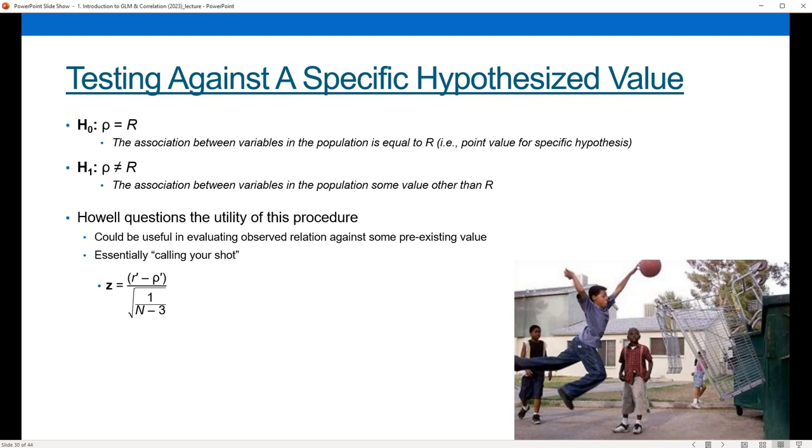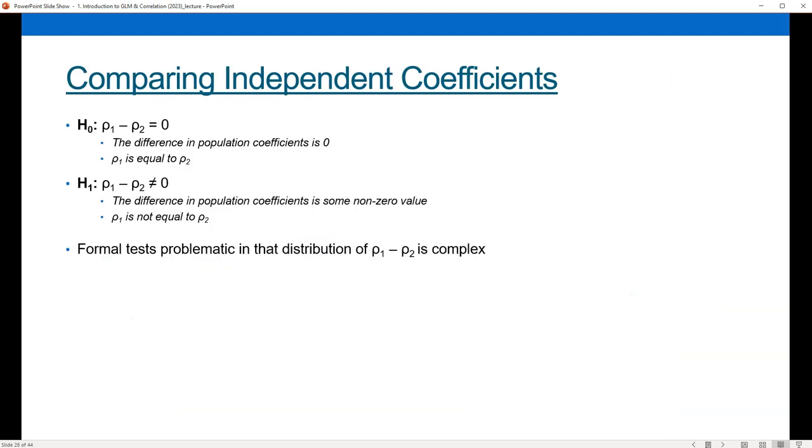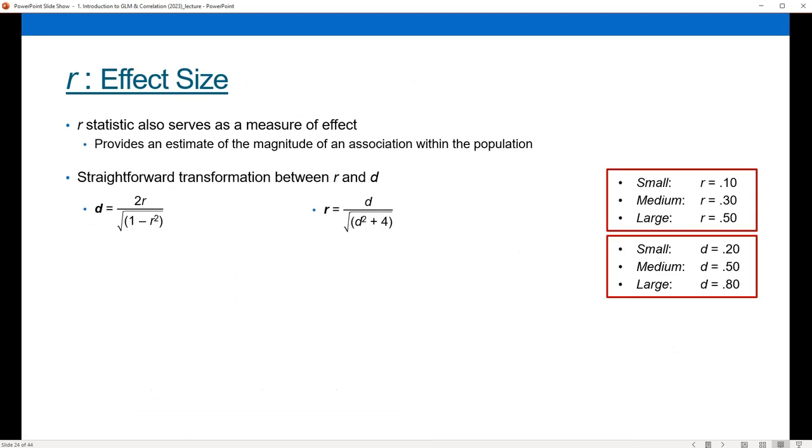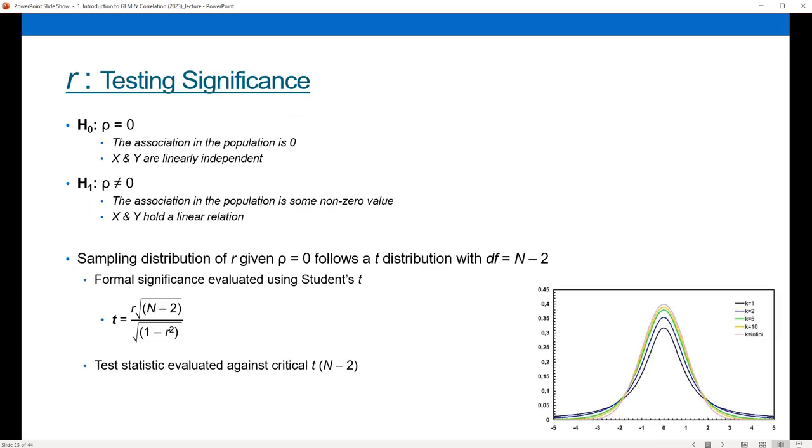Maybe my question isn't whether or not rho equals 0. That's our standard null hypothesis for all of our tests. Anytime you see someone reporting that something is statistically significant, it just means we have evidence that something is not 0. So again, baseline model, our null hypothesis is that rho is equal to 0, the population coefficient is equal to 0.